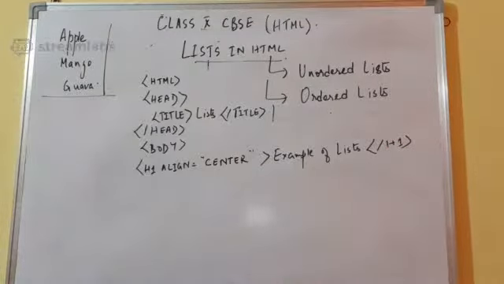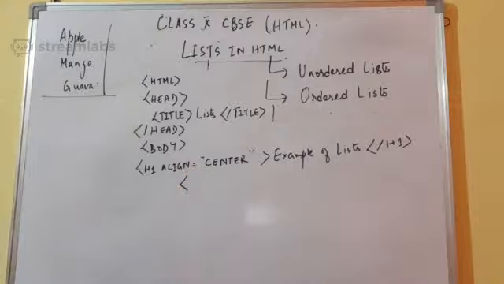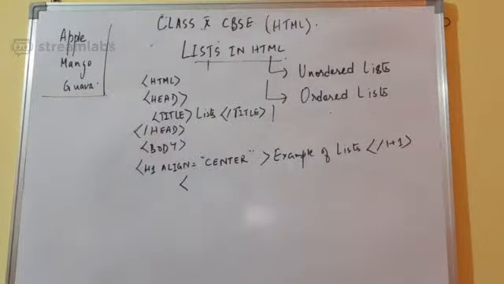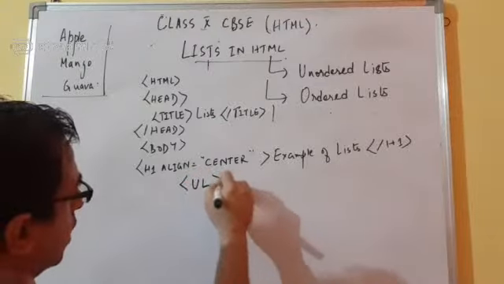Then what do I need to do? I need to use one more tag. Suppose I want to represent this list of things in any order, without fixing any particular numbering. Which tag should I use? For an unordered list, I use UL.